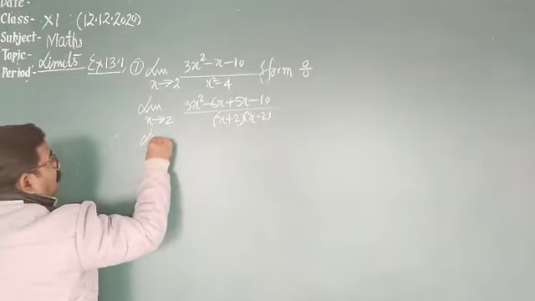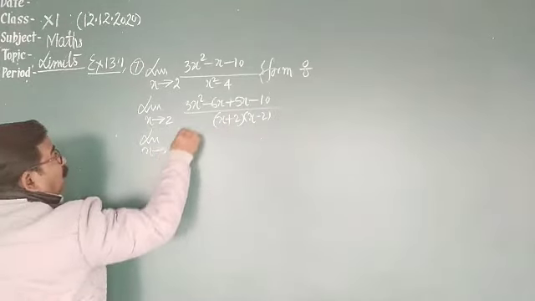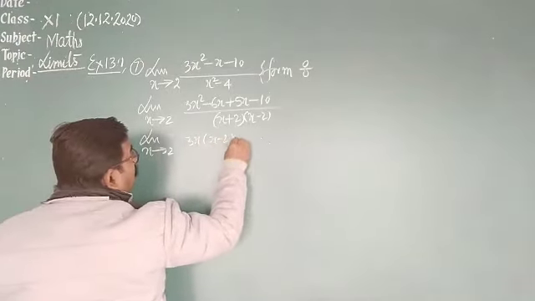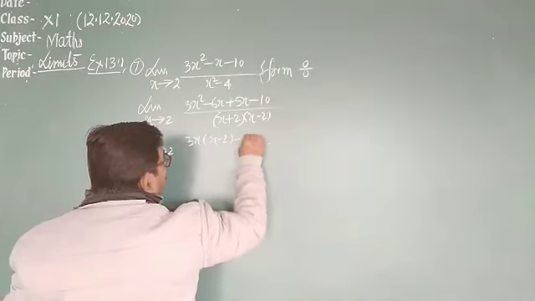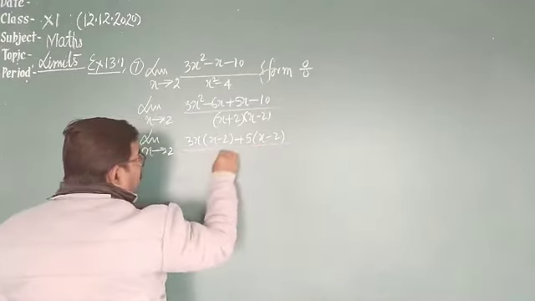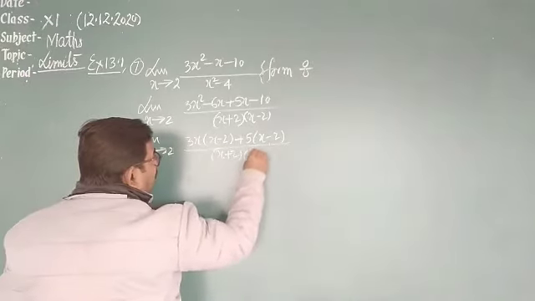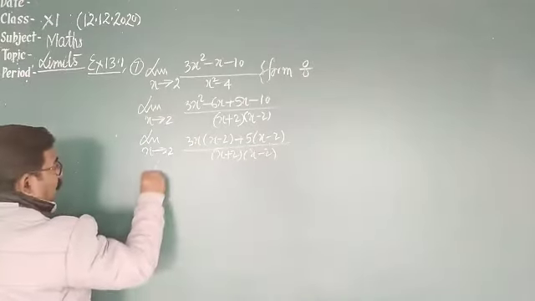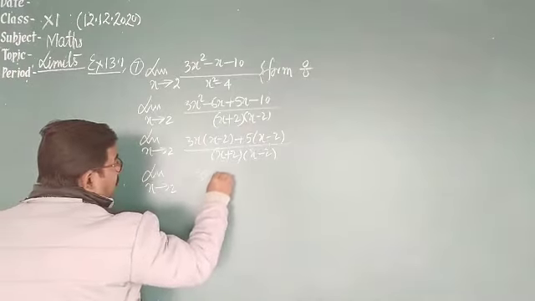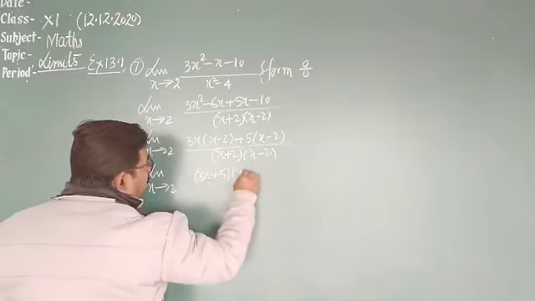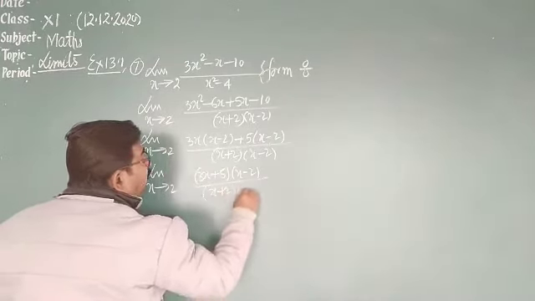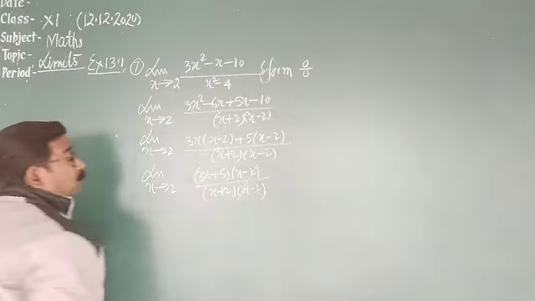Now limit x tends to 2, 3x is common, we have x minus 2, plus 5 is common, we have x minus 2, upon x plus 2 and x minus 2. So limit x tends to 2, 3x plus 5 and x minus 2 upon x plus 2 and x minus 2. This will go.